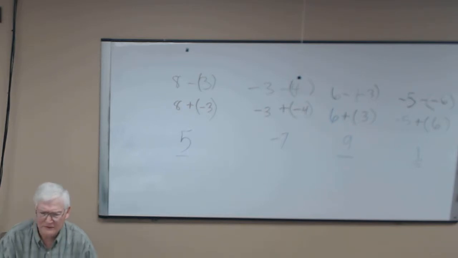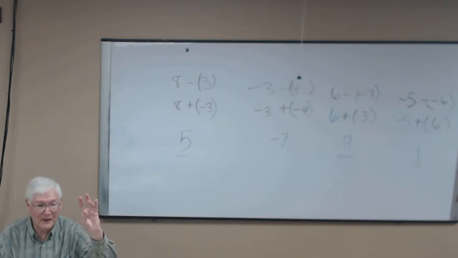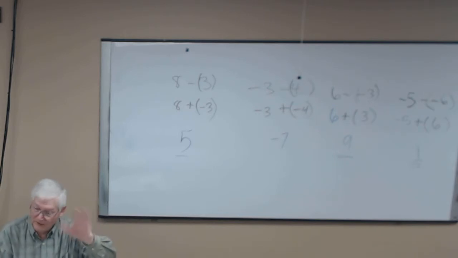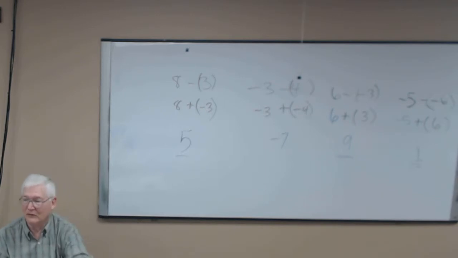What operation is the product? What are the 4 operations you're used to doing in math? Add, subtract, multiply, divide. So which one of those would be product? Multiply. So if you don't know that, make a note. When it says product, that means multiply.